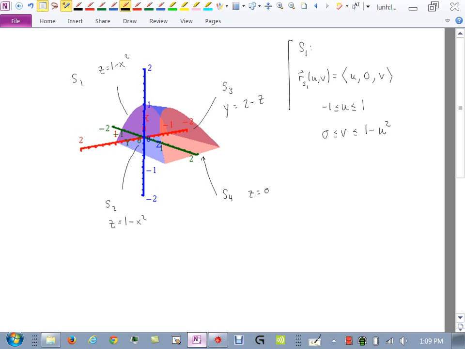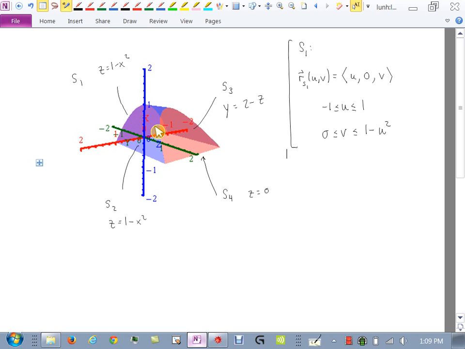Okay, what about S2? What's S2? Well, in that case, S2, we do want to be on the outer shell, right? We do want to be on the outer part of that sheet. The thing that we want to change here on this blue one is that our Y needs to change, right?